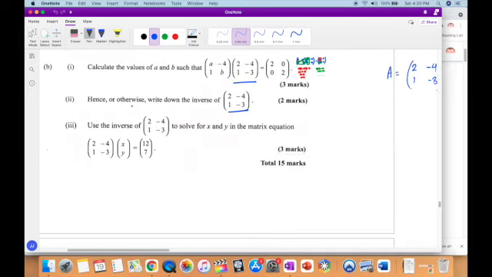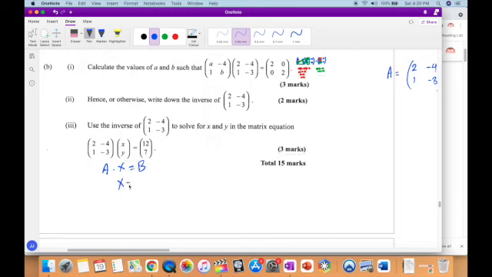And they say here, use the inverse of this, which is what we just found, to solve for x and y in the matrix equation below. So we can see here that they gave us the same matrix, multiplied by that, and it is of the form A times x equals B. They are not asking us anything that we don't know. We know everything, right?